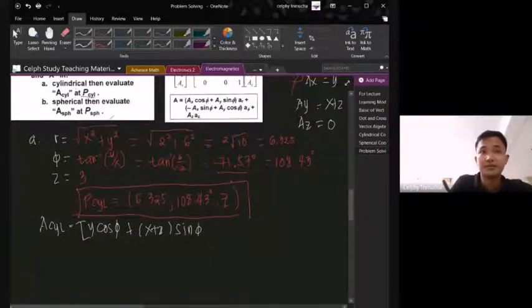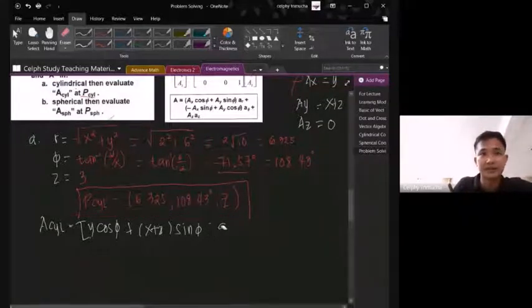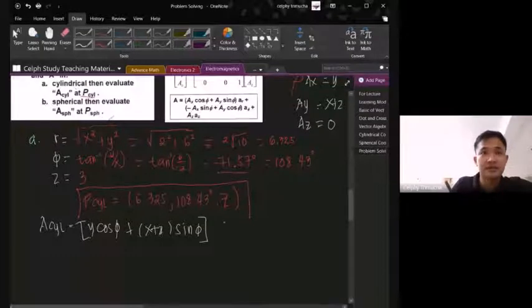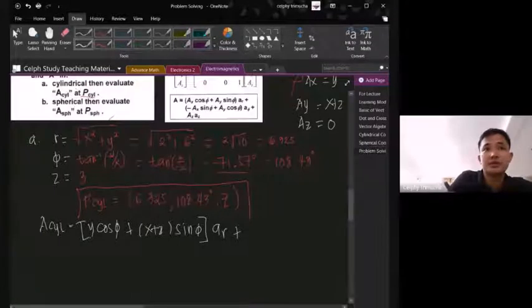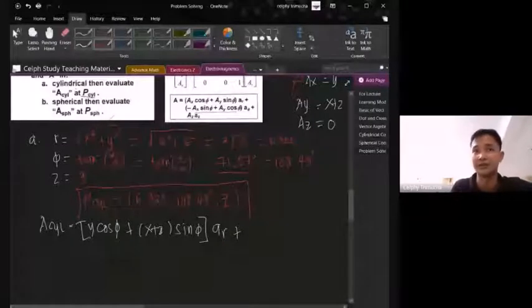So then A, okay, so bracket dapat. A, this is A R cylindrical plus, so we have negative AX sine plus AY cosine. So diri amo naman nato yung gamiton.